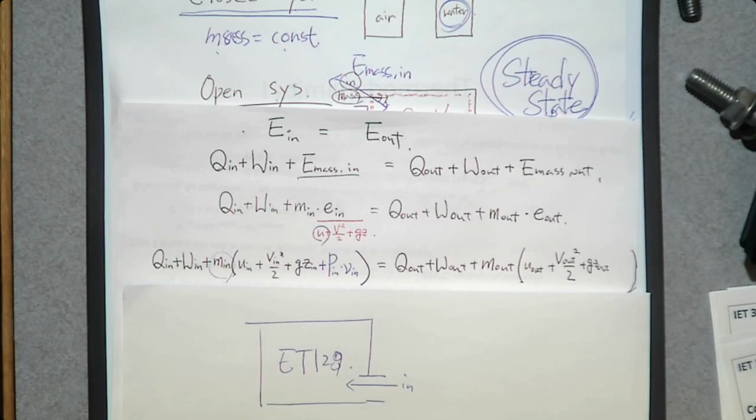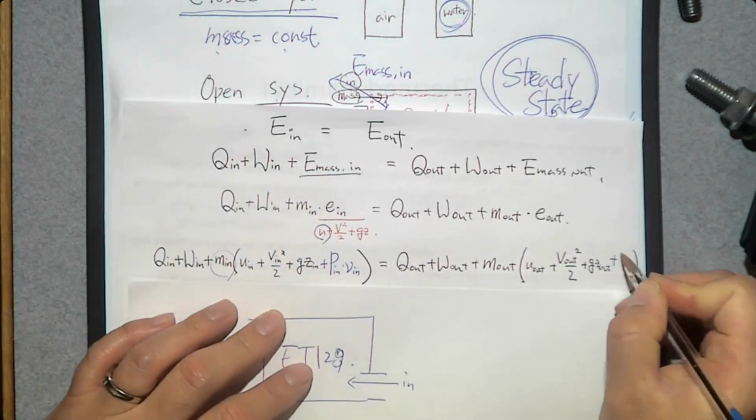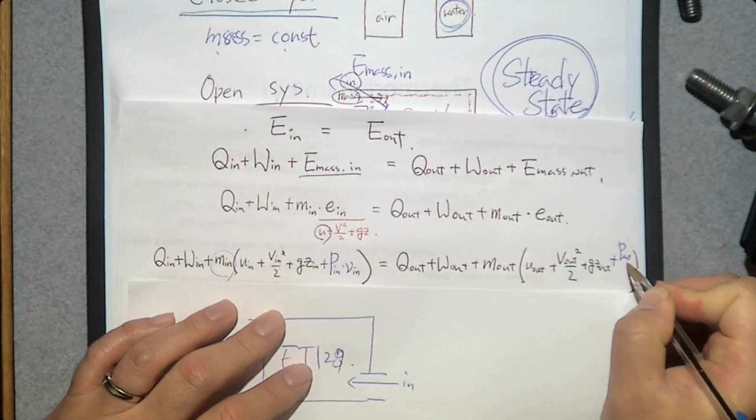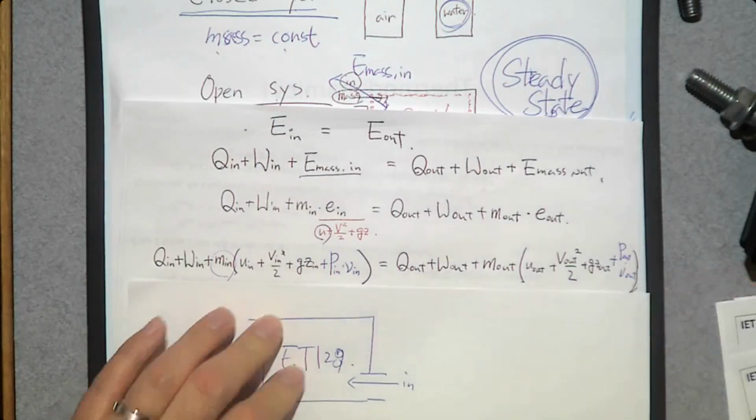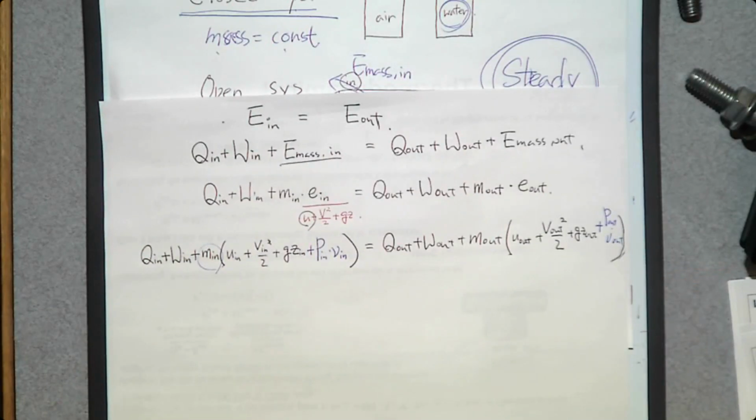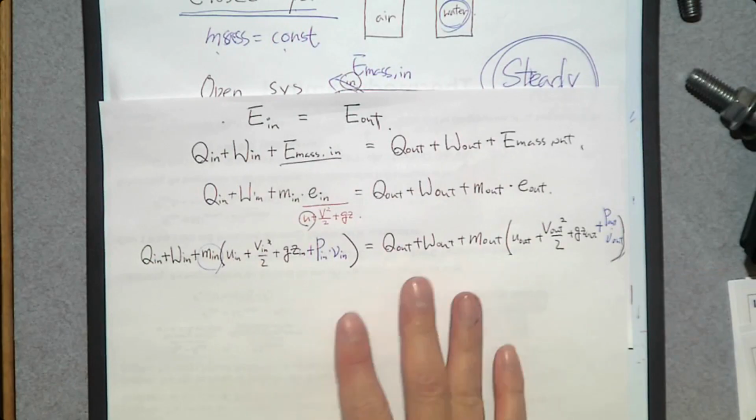That energy is going to be removed from this control volume. I'm going to carry that energy to the outside. So at the exit, you are providing this much energy to the outside. Pressure times specific volume. That is the energy balance equation.